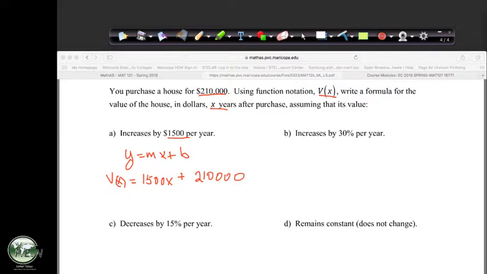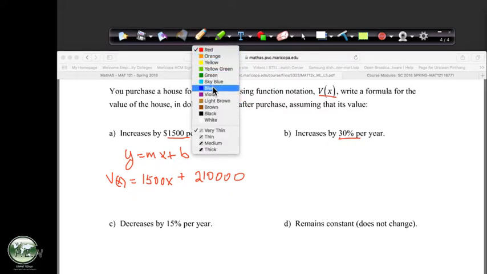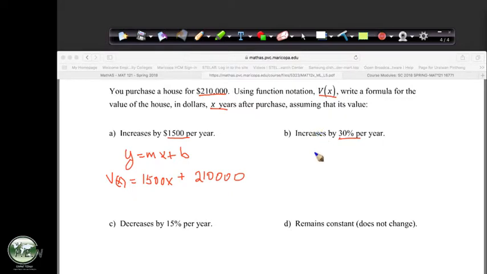But then how is it different when we have a 30% per year? That's exponential, right? Because it's a percentage. What do we do when we have the rate of increase to get to the base? Remember, when we have the rate, we add 100%.